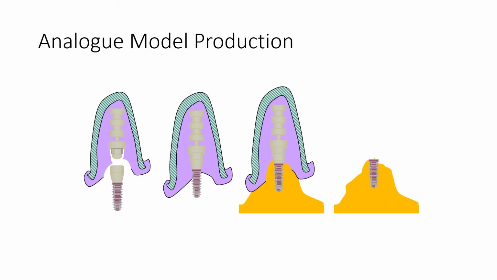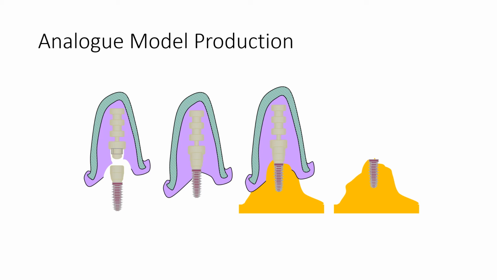Now at the laboratory, the technician uses the universal analog, but he must place a transfer base on the implant. Now, as I've said before, it doesn't matter if he doesn't use the same length of transfer base because the system is designed to accommodate this kind of discrepancy. The main thing the technician must remember is to use a base.